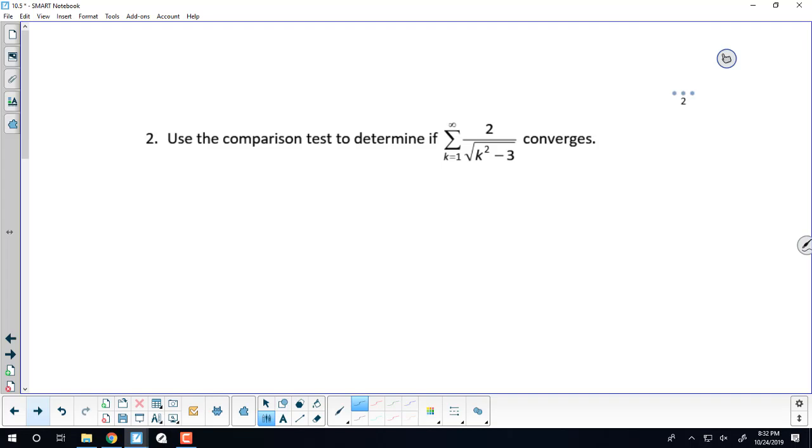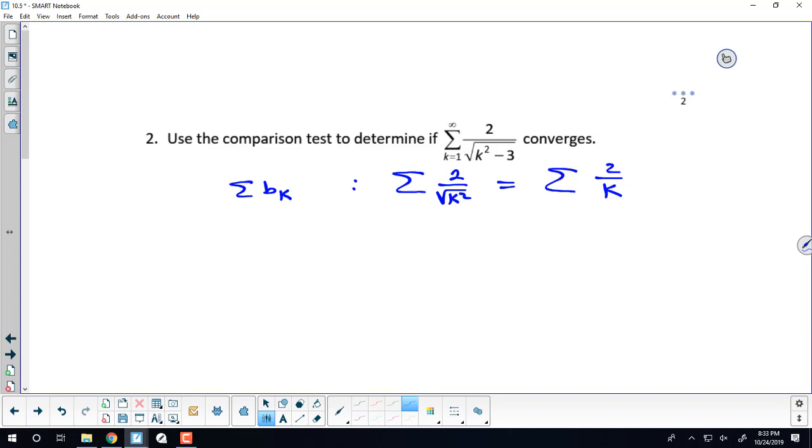So what should we compare this with? 2 over the square root of k squared. All right, seems reasonable. But that's the same thing as 2 over k. What do we know about the series for 2 over k?